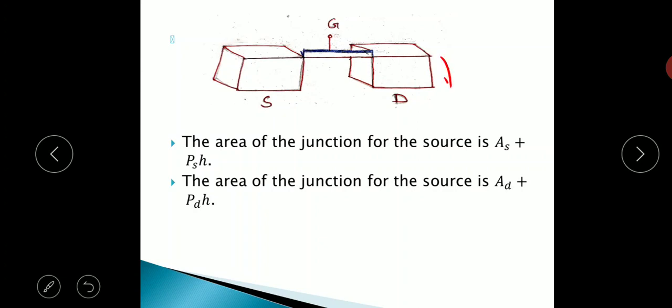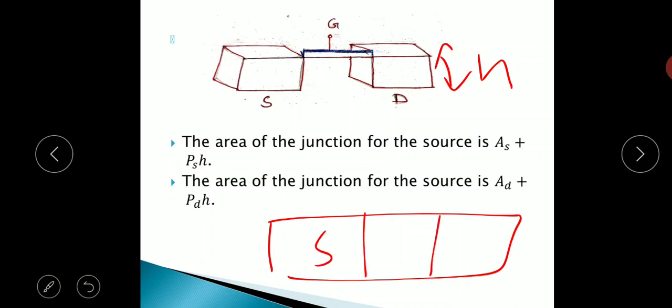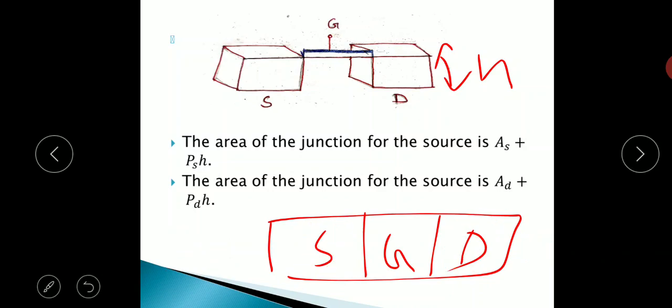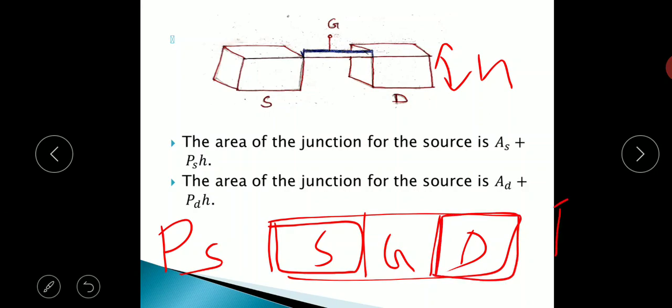The height of the region is h, then the area is AS for source, and for drain it is AD. Then the perimeter of source is PS, and perimeter of drain is PD.